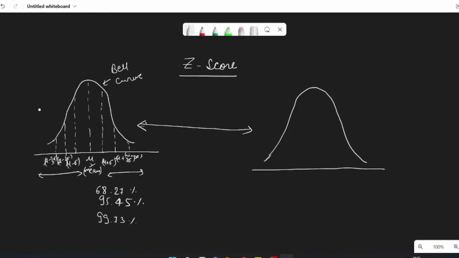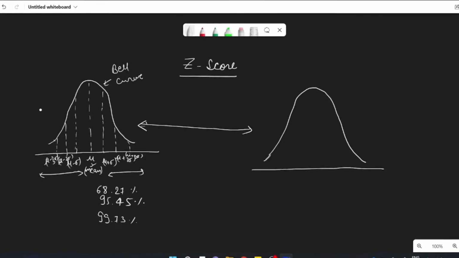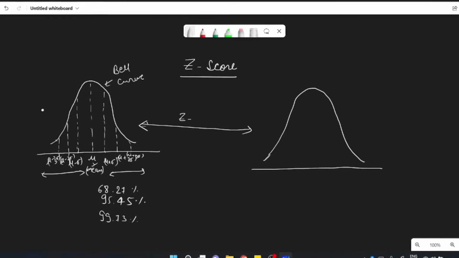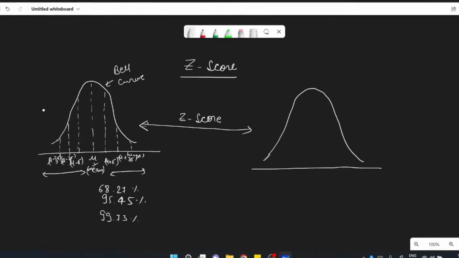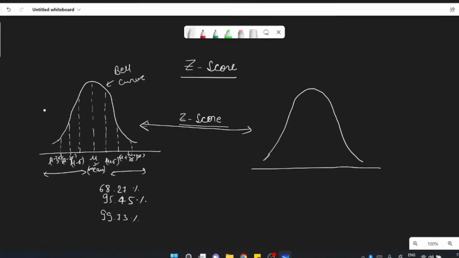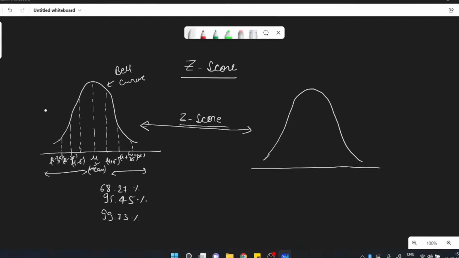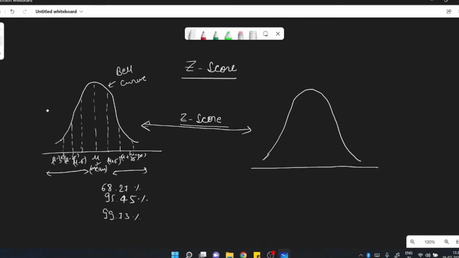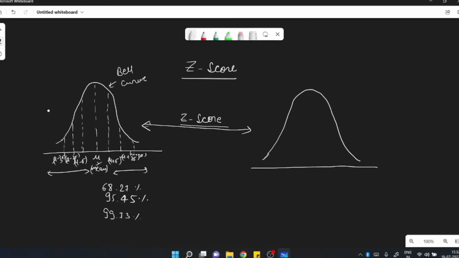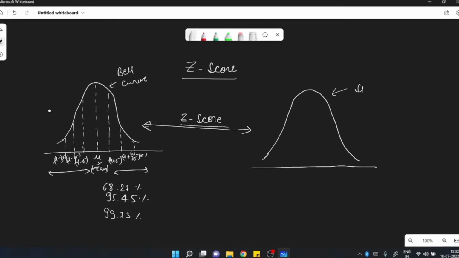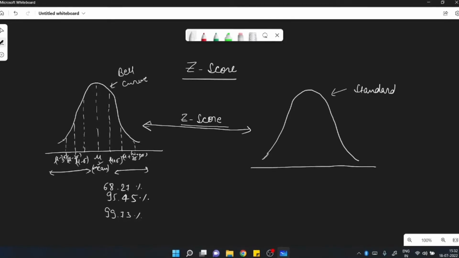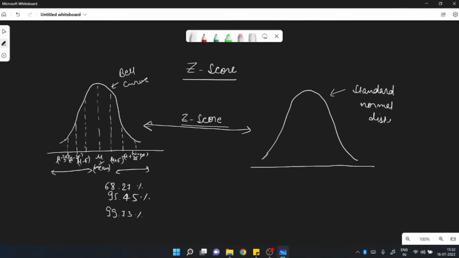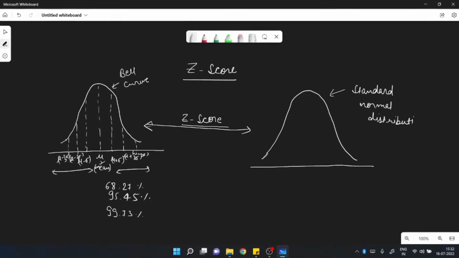Okay, now to convert from a normal distribution to a standard normal distribution, the formula that will be applied here is the Z-score. So if we apply the Z-score formula to any kind of distribution, here if we apply it to a normal or Gaussian distribution, then the type of curve that I'll get is something called a standard normal distribution.